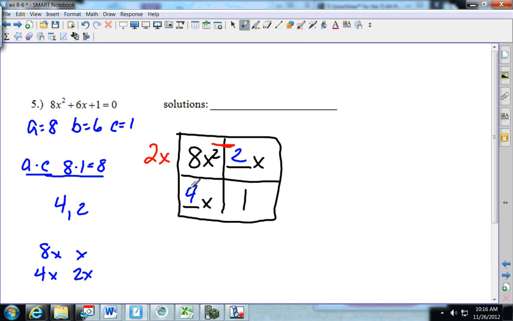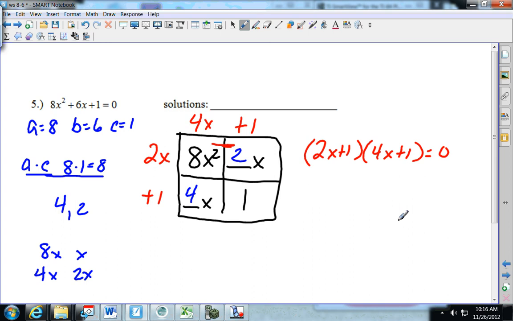So right here, out of these two, the 4x goes up here. 2x times what gives you 2x? Plus 1. 4x times what gives you 4x? Plus 1. So factored form is 2x plus 1 times 4x plus 1 equals 0.